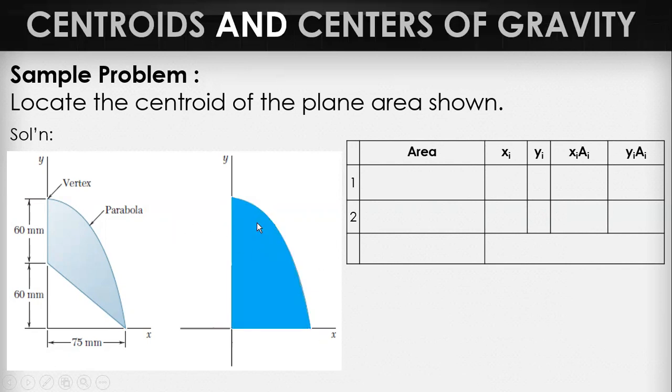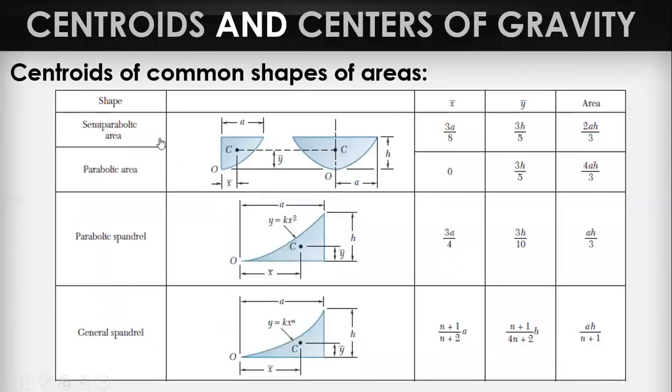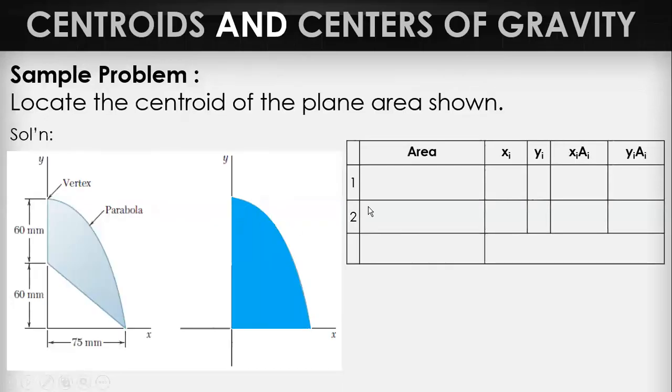This is our element 1, the semi-parabolic area. The area is 2/3 AH. 2/3 times 75 times 120, 6,000.